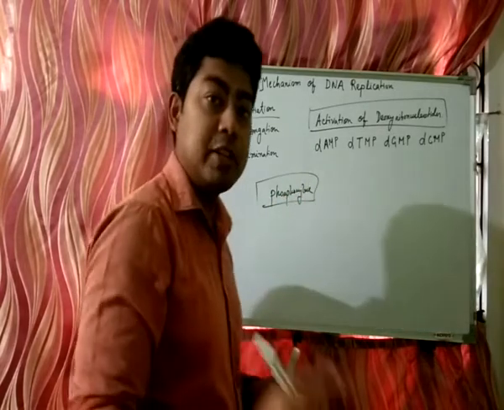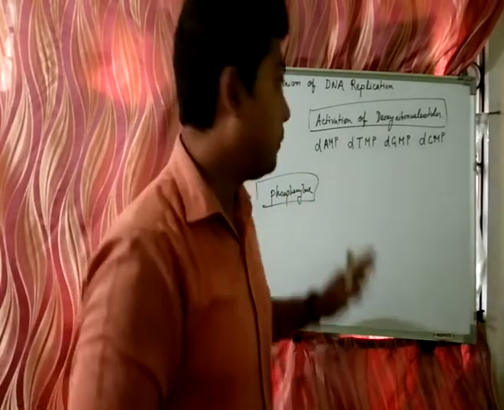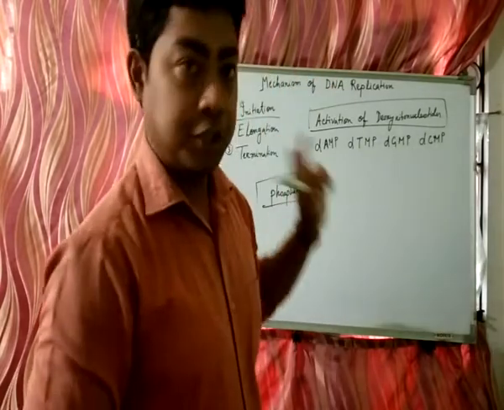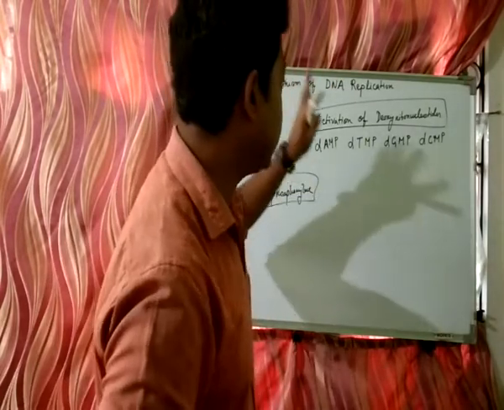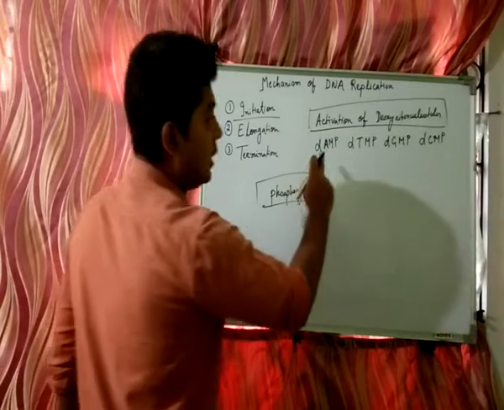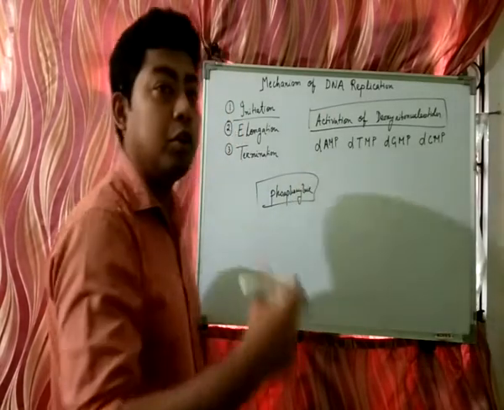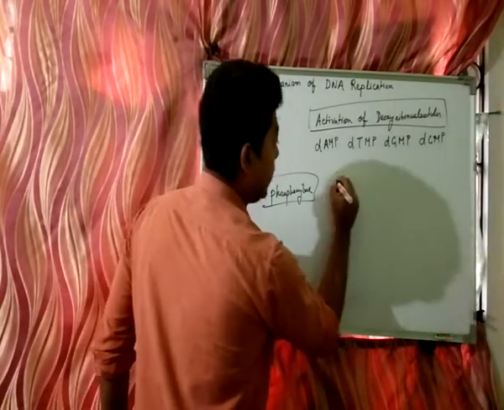Phosphorylase adds the phosphate groups so they become activated, because when they are synthesized, they are synthesized as deoxyribonucleoside monophosphate.